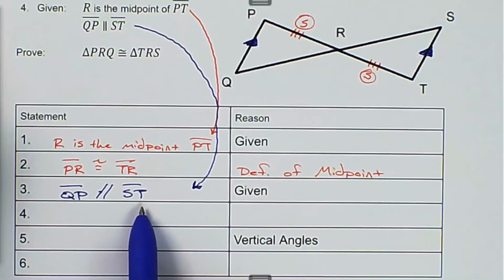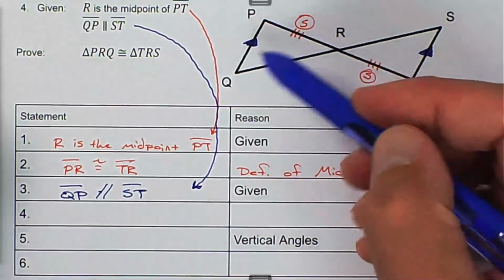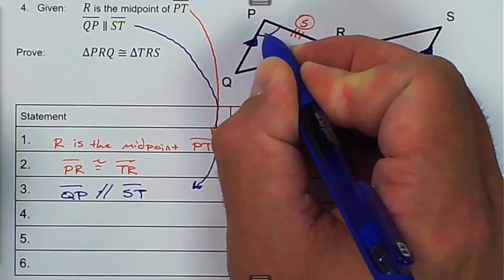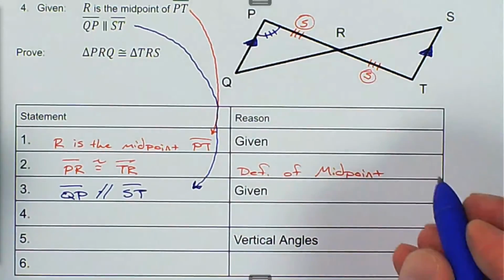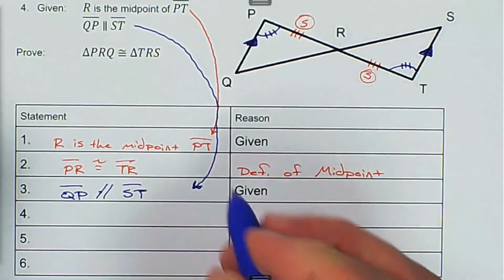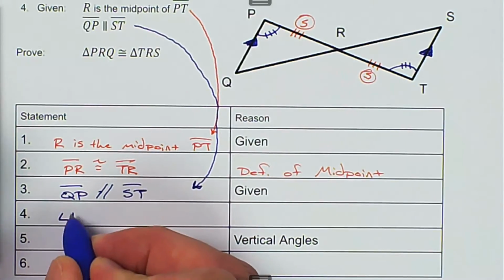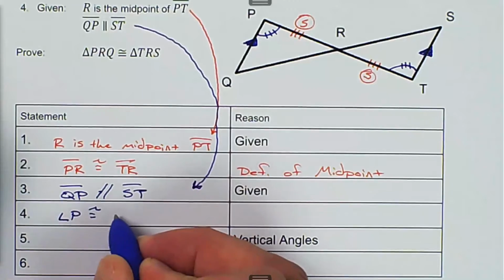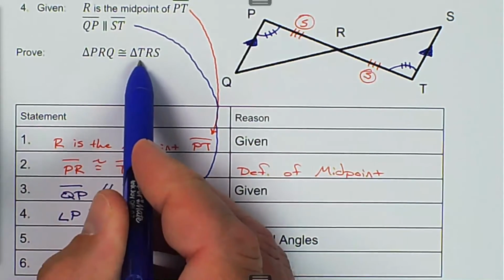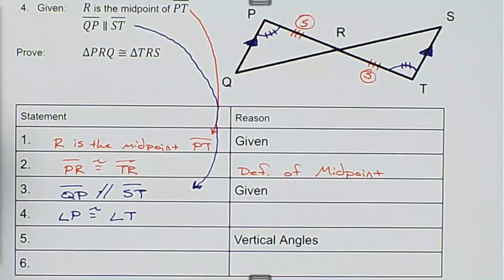But because we know parallel lines, now we can start thinking about parallel lines cut by transversal. So parallel lines cut by transversal say that angle P is congruent to angle T, and that even in our statement here, P is first and T is first, so that shows that those angles should be, if the triangles are going to be congruent, then the parts have to be congruent.